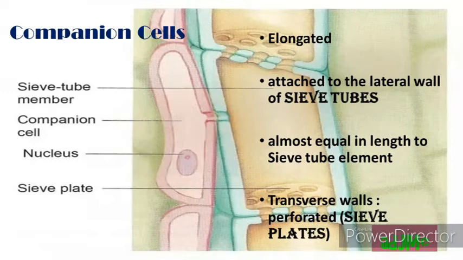They are almost equal in length to the sieve tube elements, because some are formed from the sieve elements, and some are formed from another companion cell, so they are almost of the same length. Here also you come across transverse walls which are perforated in case of companion cells.